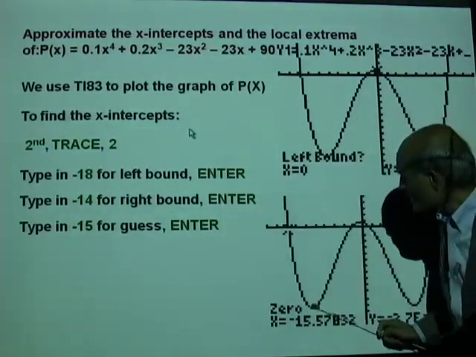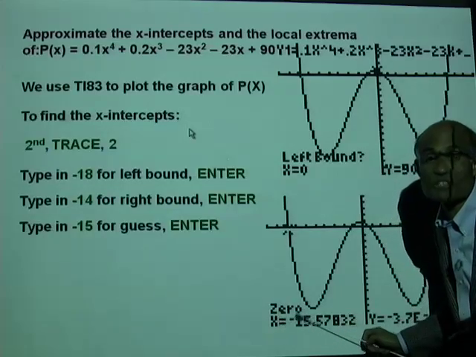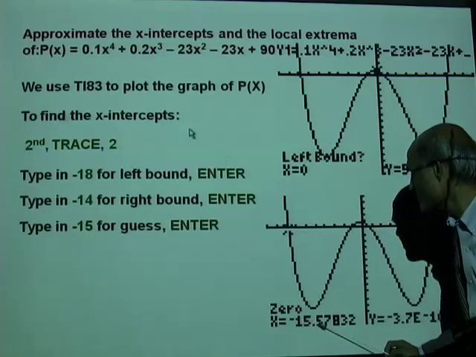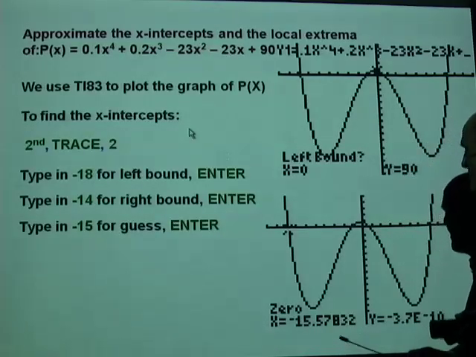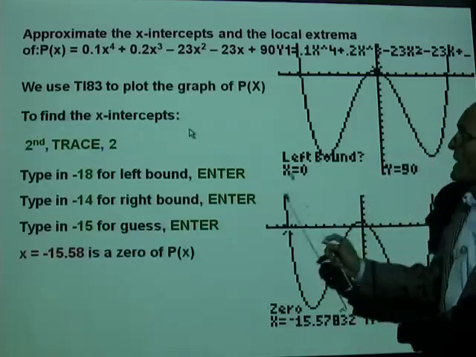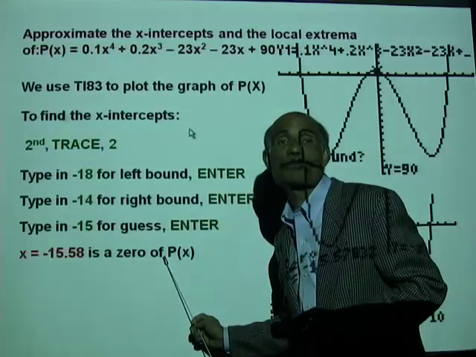And you see the calculator will give you a 0. Remember, an x-intercept is a 0. And the 0 is x equal to -15.57. Alright, x equal to -15.58 is a 0 of the polynomial.